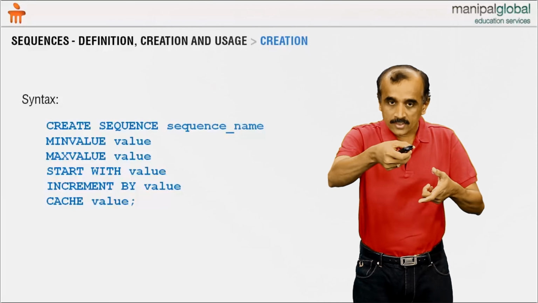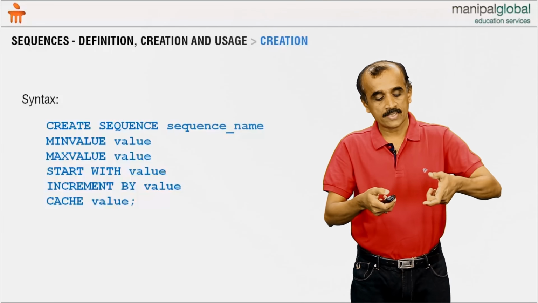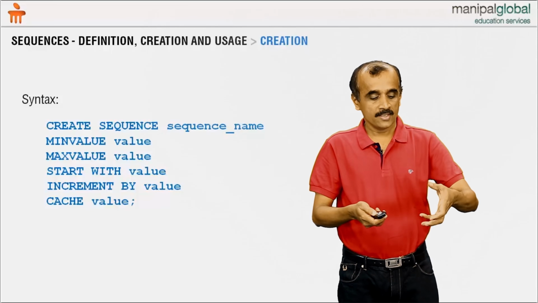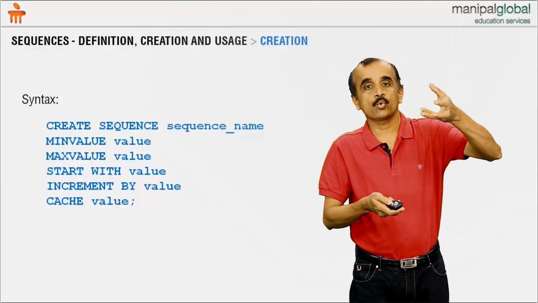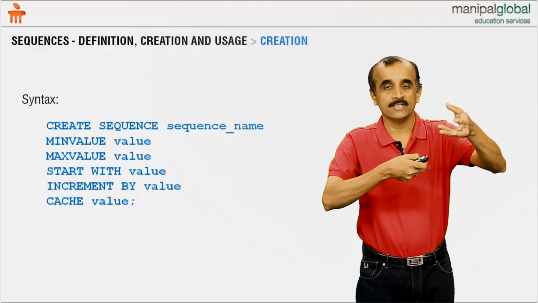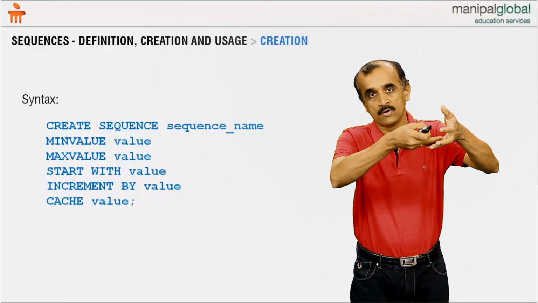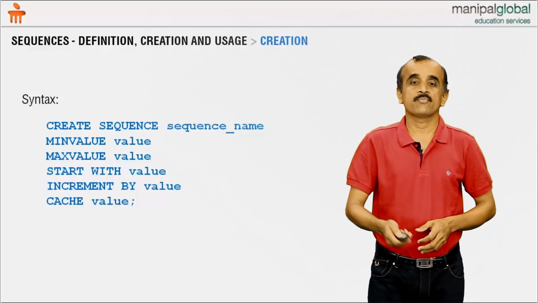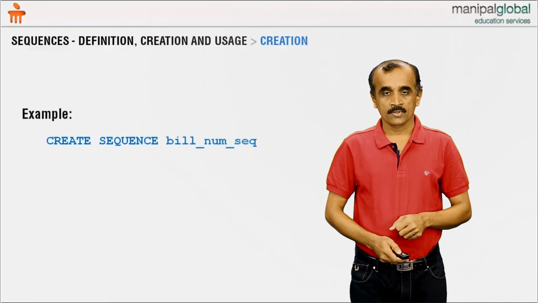Cache 20 means the next 20 incremented values are stored in memory, so that every time to get a new value I do not have to go to the database. The next 20 values are already incremented and I get it from here. That is the advantage of the cache clause.